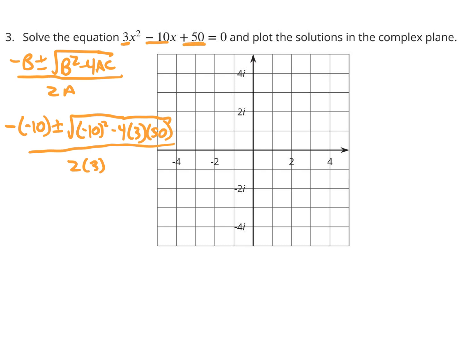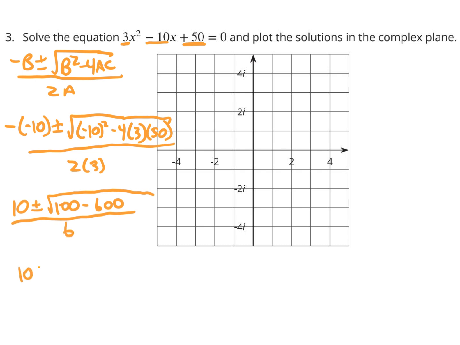The sign in front of the term goes with the term. So a negative times a negative is a positive, so I'll get 10 plus and minus the square root of 100 minus 12 times 50 is 600 all over 6.